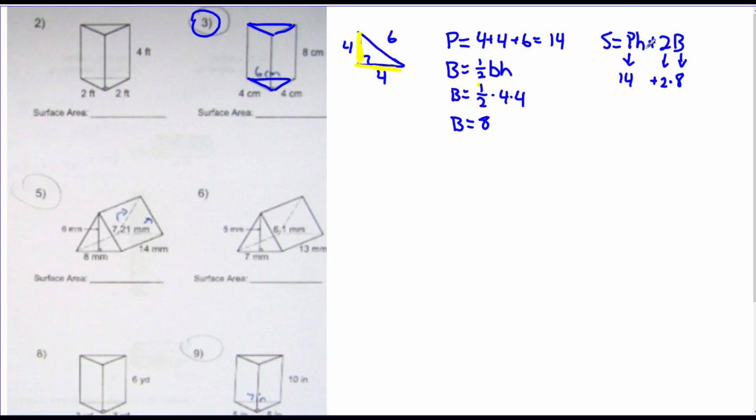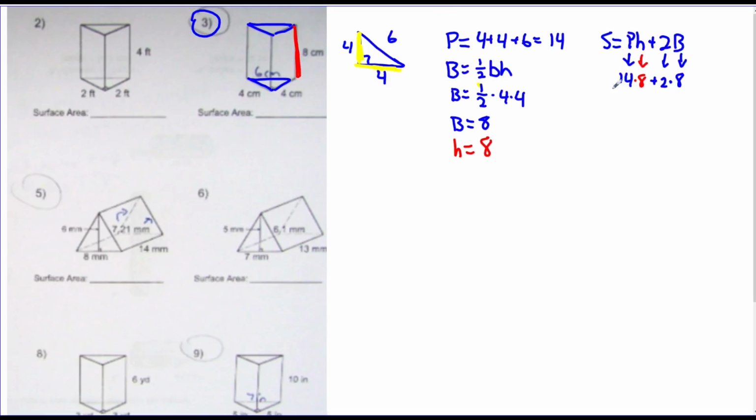The only thing we're missing is this h. And if you remember, the h we're referring to is the height of not the base, but the entire prism. So that height is 8. That's our fourth number here.